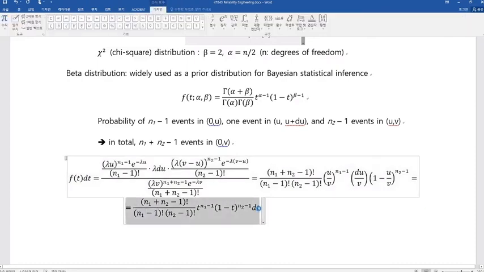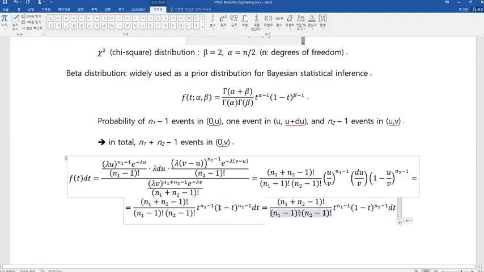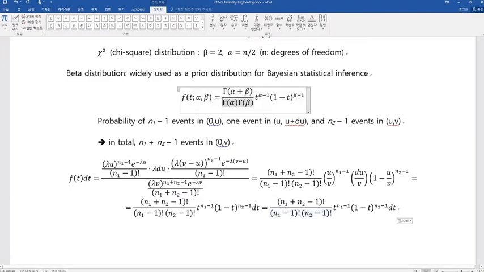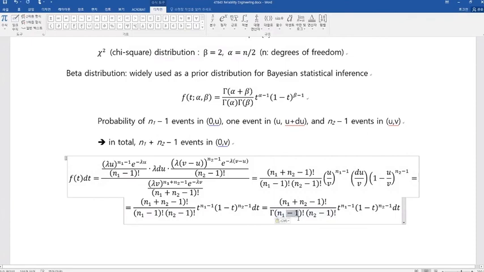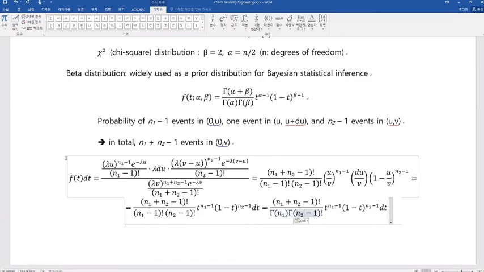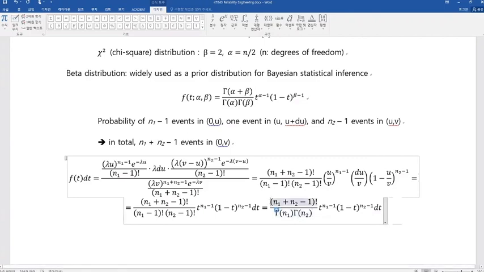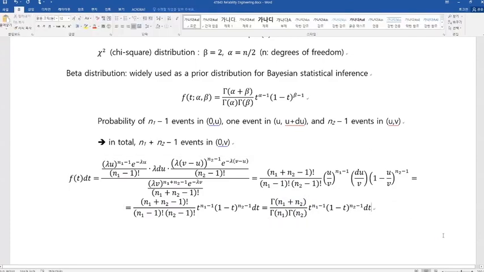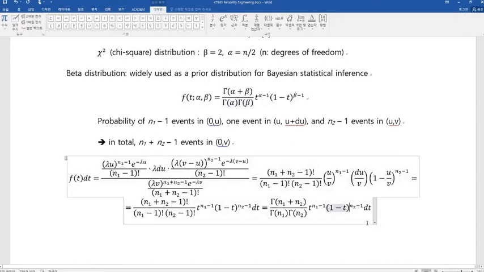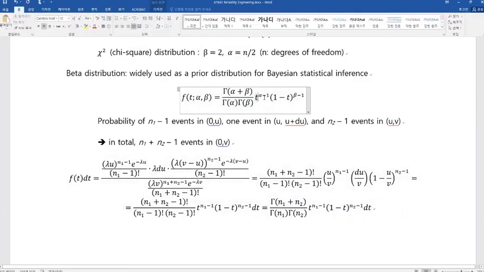And just one more: if we change n1 minus 1 factorial as gamma over n1, and this one as gamma over n2, and this one as gamma over n1 plus n2, then we have a function very close to the one that we can see here.